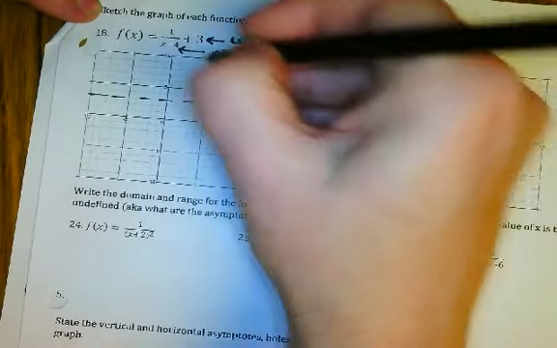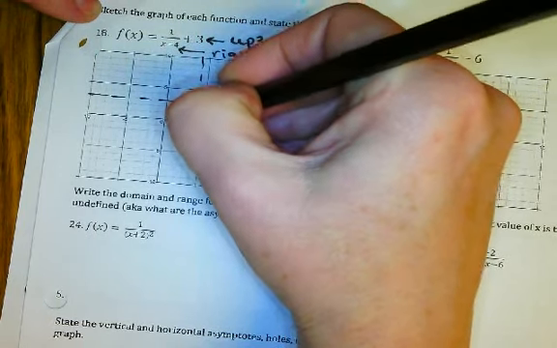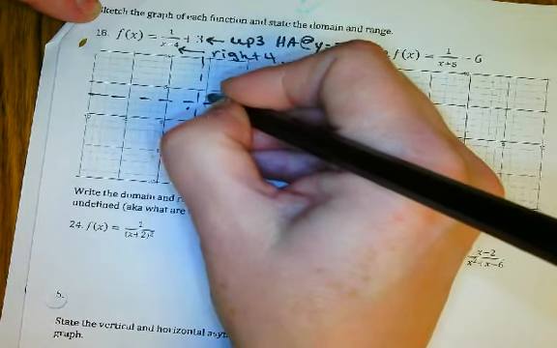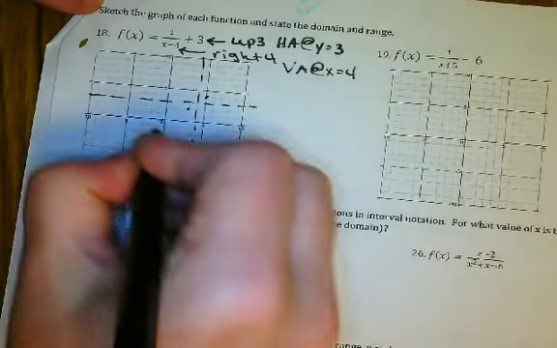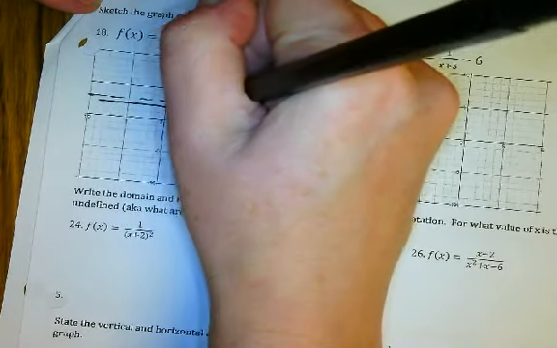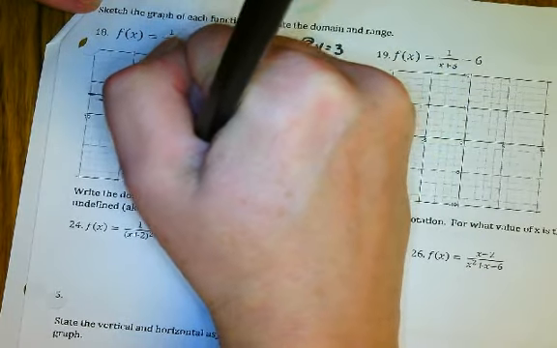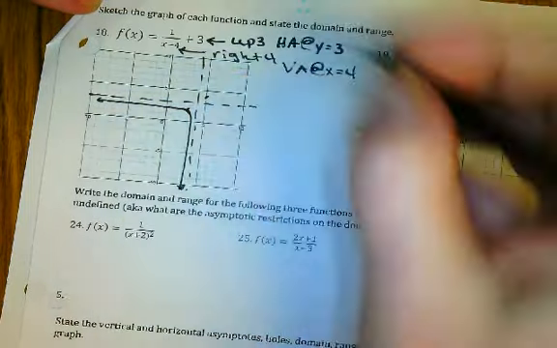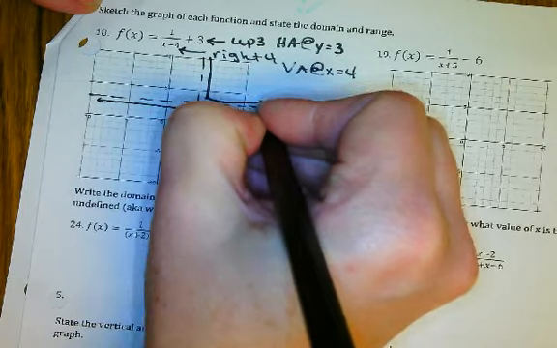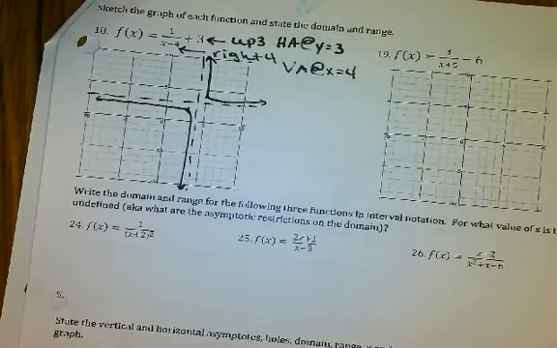And then I'm going to draw my vertical one. And then at this point, I'm going to put a point right here and a point right here. And then I'm just going to sketch the curve. Okay, I'm not worried about making it perfect, but it should not cross the asymptotes. It should come close, but it should not cross. So there's my curve.